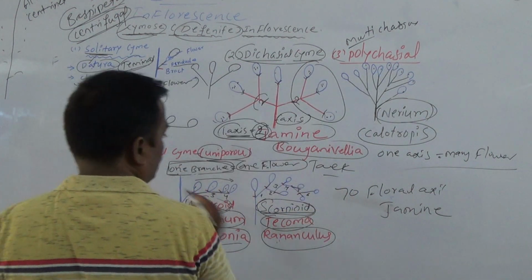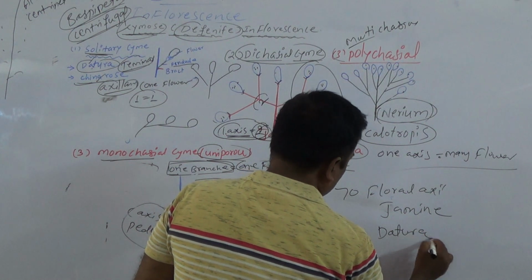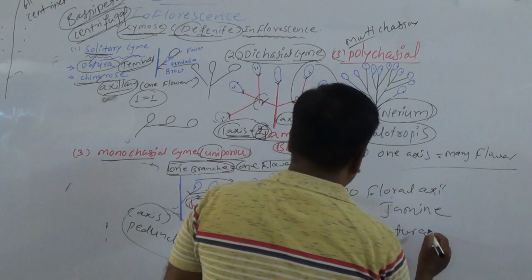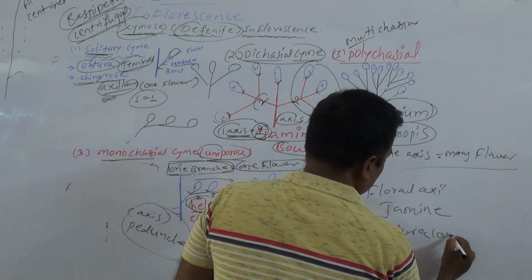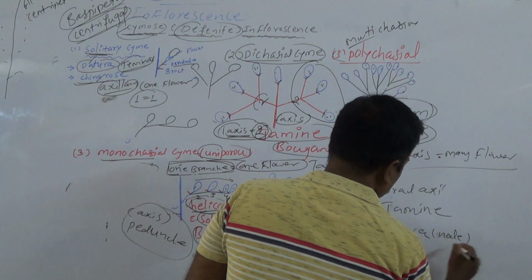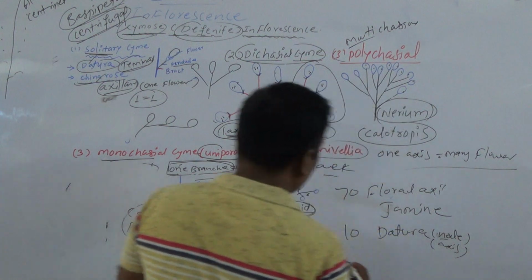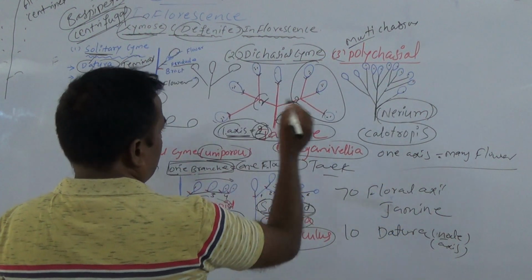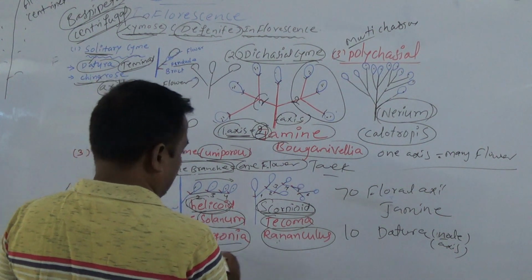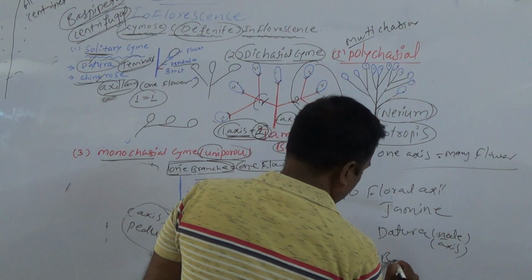In datura, 10 nodes are present. 10 nodes are present in datura, nothing but axes. But in nerium, in begonia, there are 20 axes present in begonia.